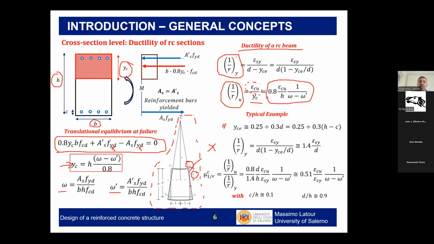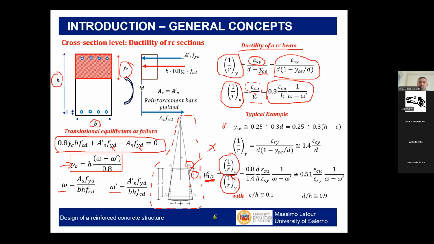In terms of yield stress, the yield condition of a cross-section is normally reached because of the yielding of the bars. So if y_ce is the neutral axis in the elastic condition, I am also able to express the curvature at yielding. The ductility of a cross-section is the ratio between the ultimate curvature and the curvature at yielding.